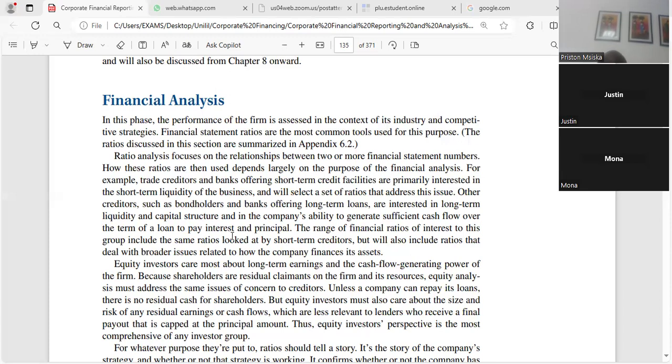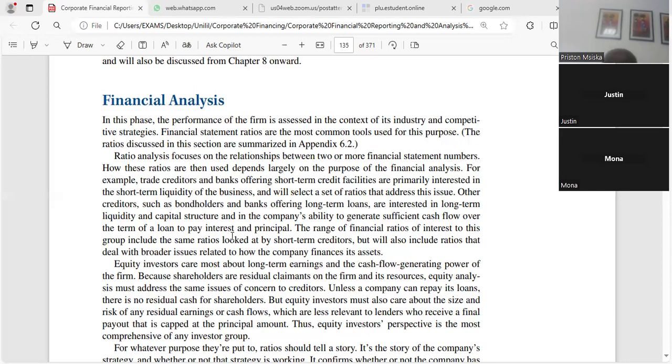Unlike suppliers, customers, and banks, who are more interested in cash flows, investors are more interested in profitability at the end of the financial year.